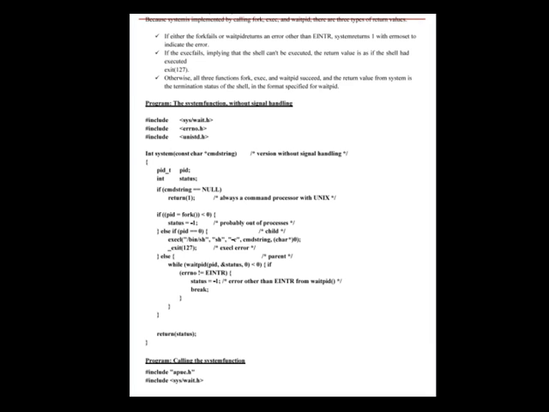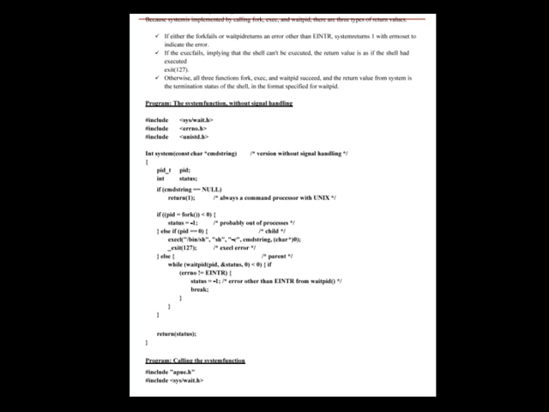If the exec fails, implying that the shell cannot be executed, the return value is as if the shell had executed exit(127). Otherwise, all three functions, fork, exec, and waitpid, succeed, and the return value from system is the termination status of the shell in the format specified for waitpid.